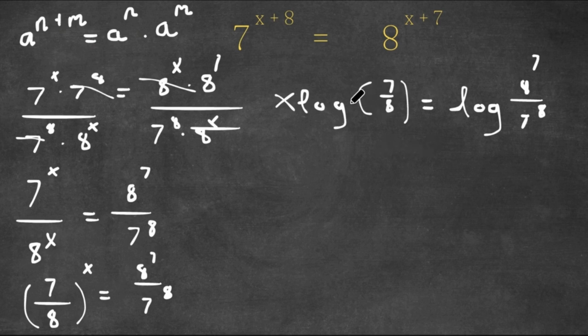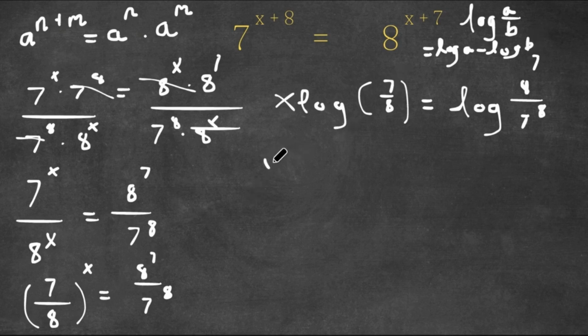And if we have something in the form log a over b, this is equal to log a minus log b. So log 7 over 8 is going to equal x times log 7 minus log 8.